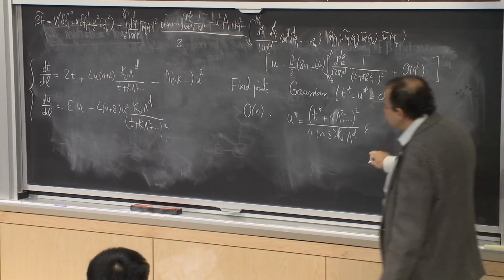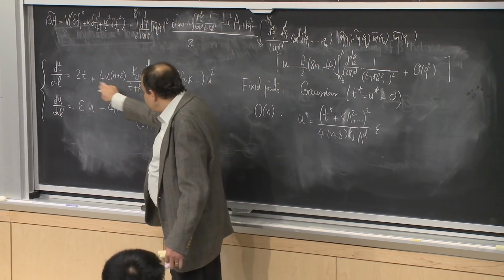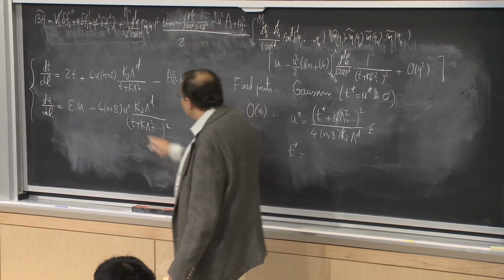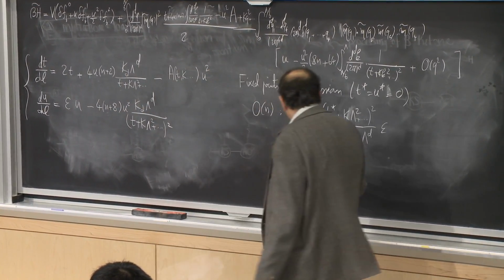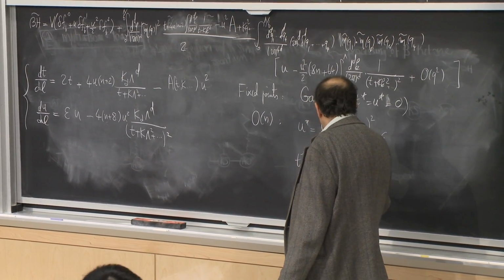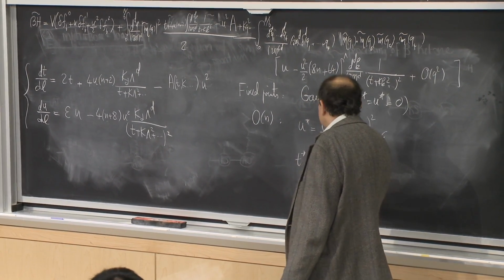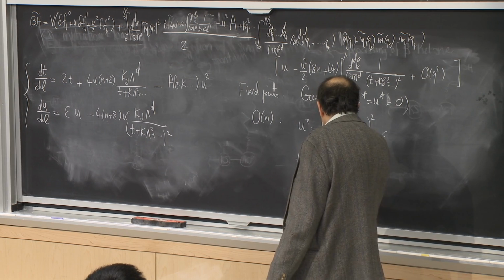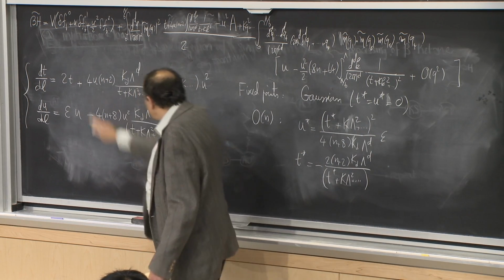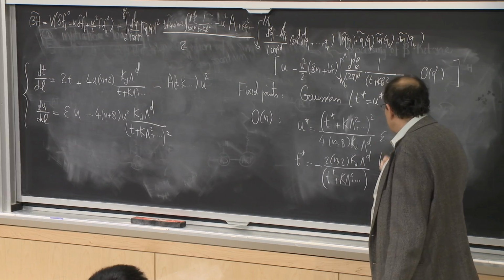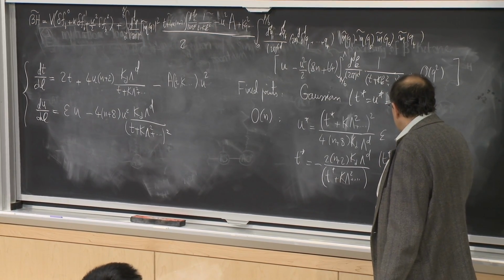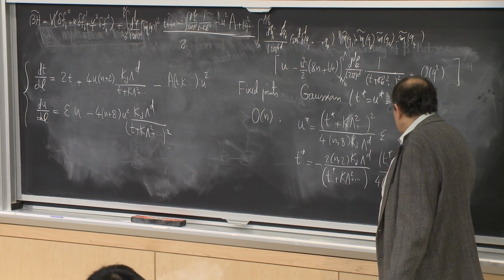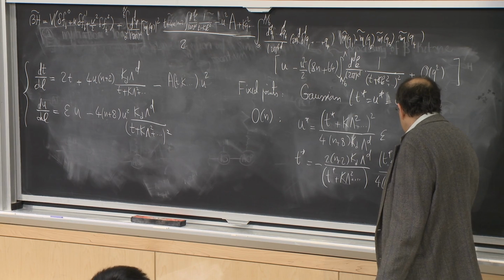And then I can substitute that over here to find what t star is. So t star would be minus 2 n plus 2 K_d lambda to the d divided by t star plus k lambda squared, etc., times u star, which is what I have in the line above, which is t star plus k lambda squared, etc., squared, divided by 4n plus 8 K_d lambda to the d.